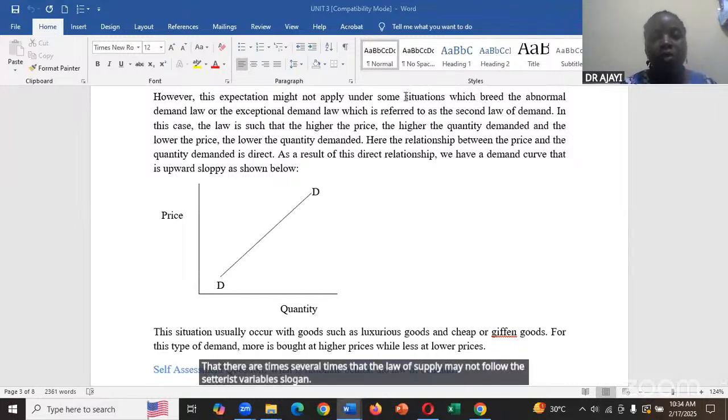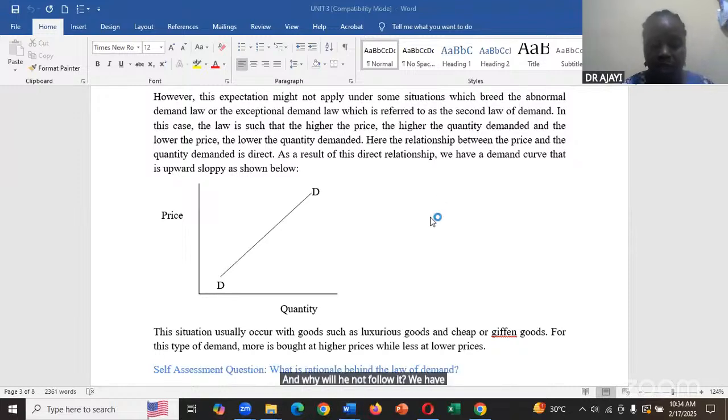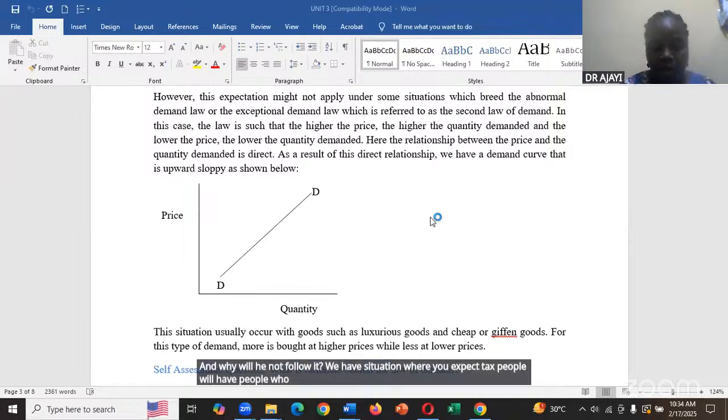Why will it not follow it? We have situations where you expect that people will behave in an inverse relationship, but we have a demand curve that is upward sloping like a supply curve.